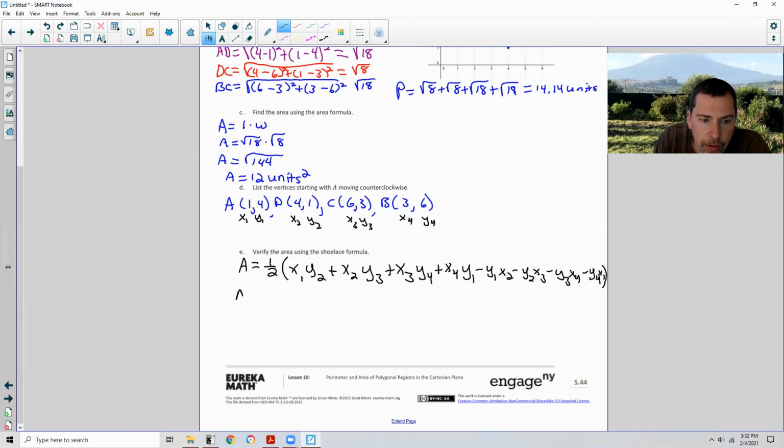All right, so now I'm going to say the area equals 1/2 and I substitute in my givens. x1, 1, times y2. y2 is here, it's 1, plus x2, y3, plus x3, x3 is 6, y4 is 6, plus x4, 3, times y1, 4.